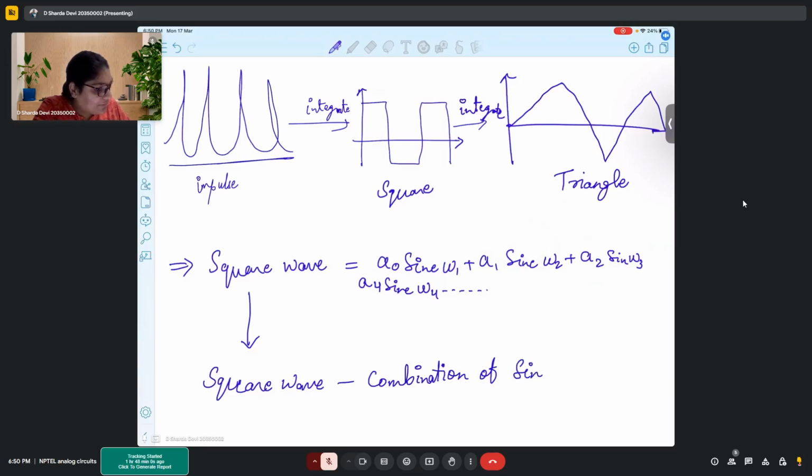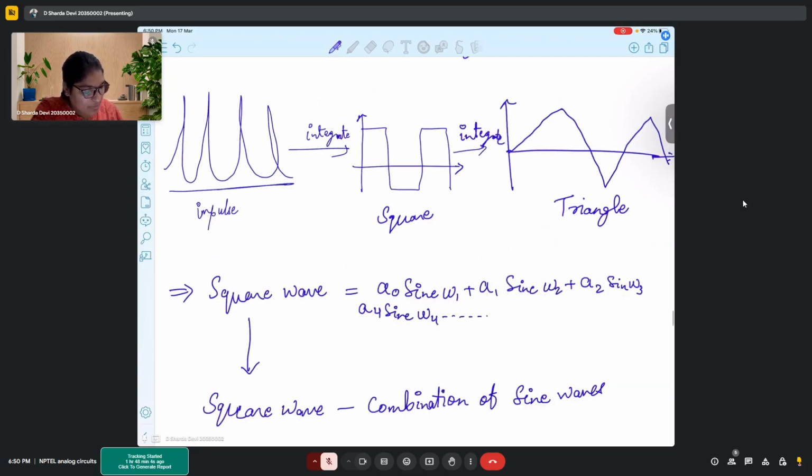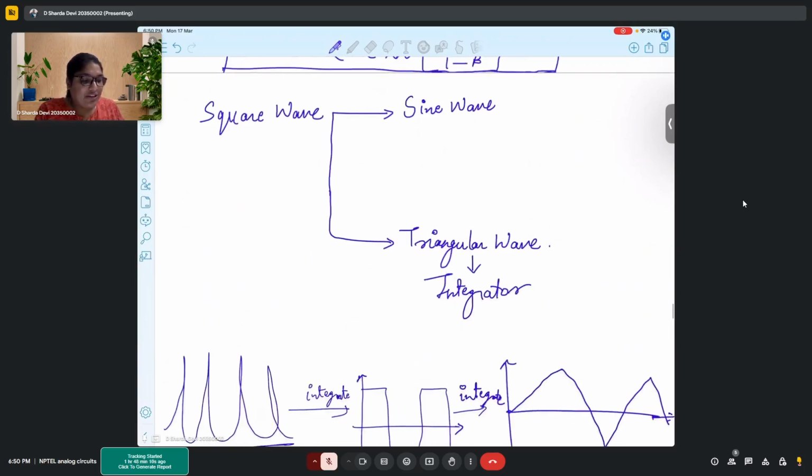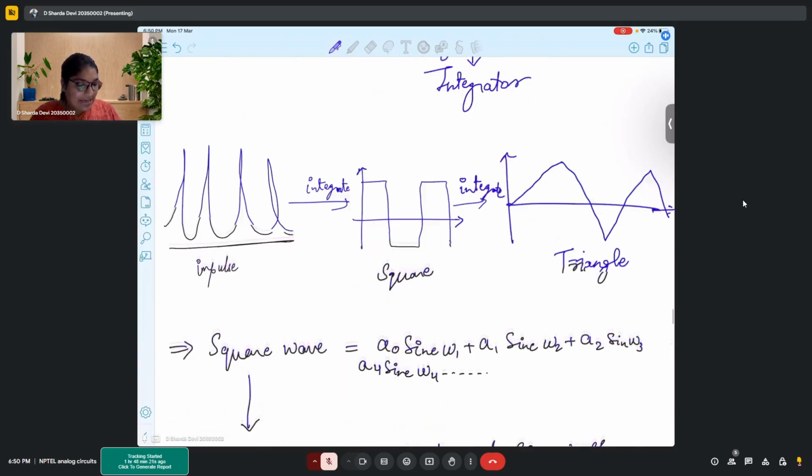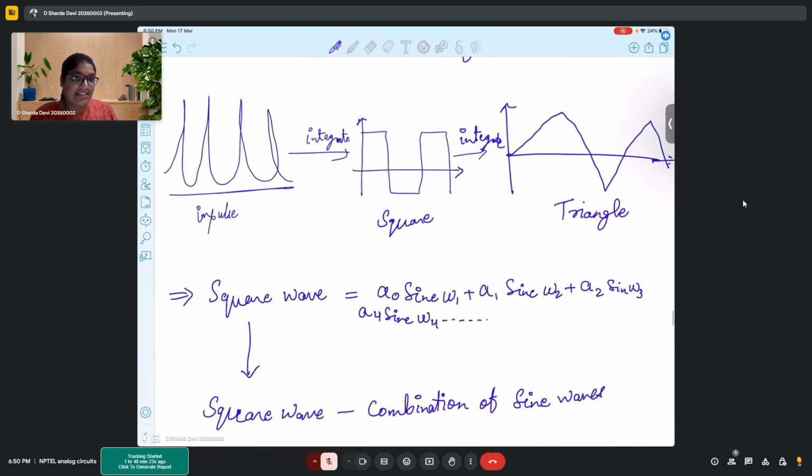Combination of sine waves. So now if I tell you that square waves are a combination of sine waves, can you give me a way in which I can get a sine wave from a square wave? If I have a square wave, I can extract a sine wave out of it. If I already tell you that square waves are nothing but a combination of sine waves, what can be done?